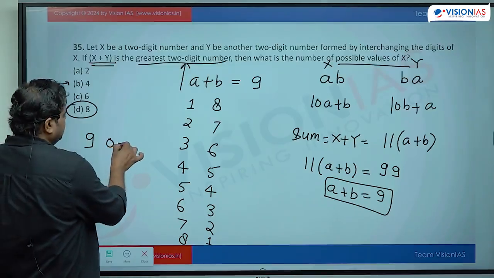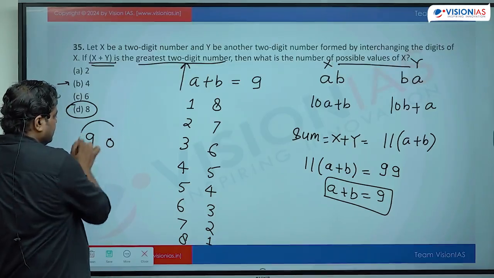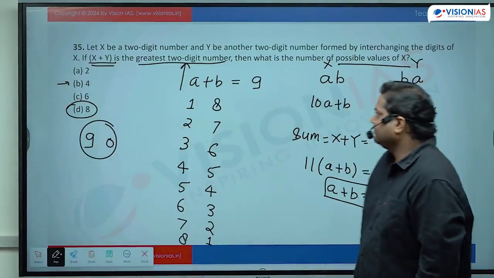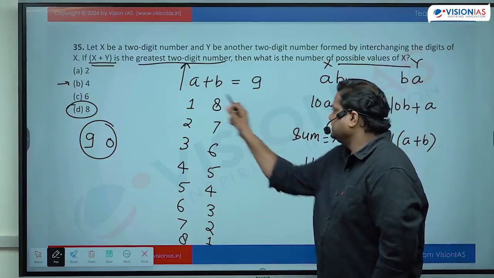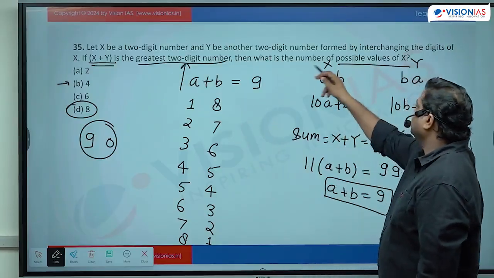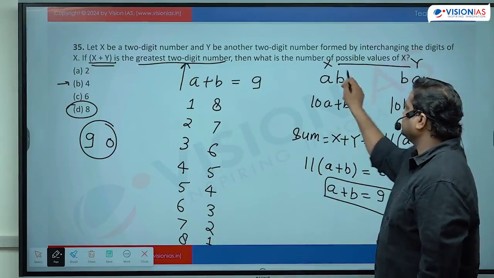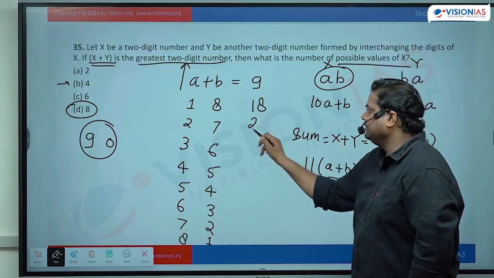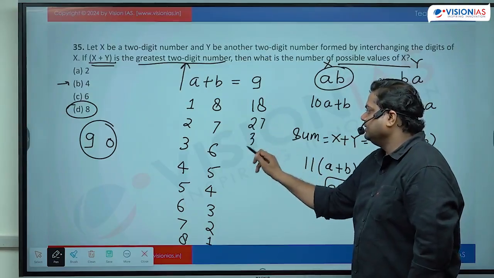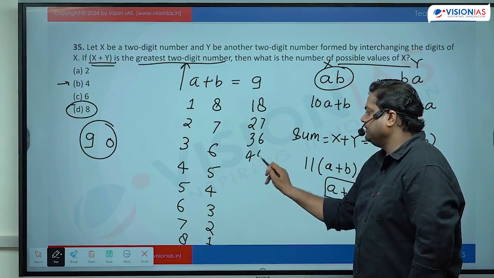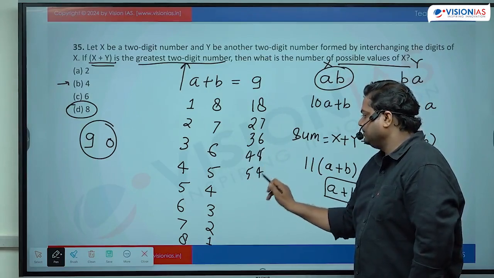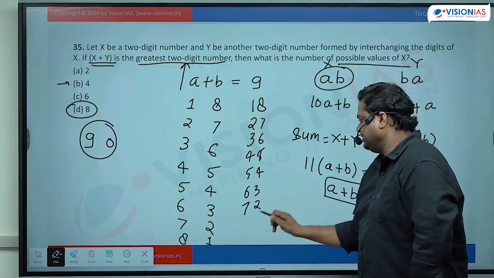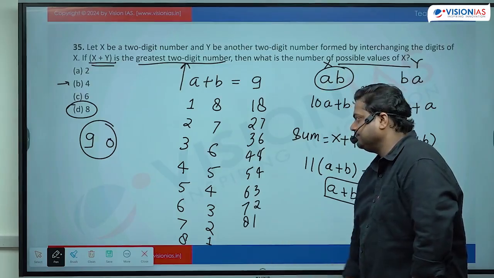We cannot take this. The question is asking how many, what is the number of possible values of x? That means AB. That means we are getting numbers 18, 27, 36, 45, 54, 63, 72, 81.